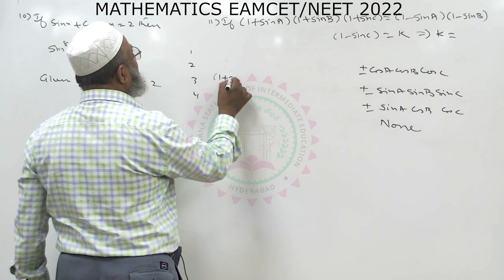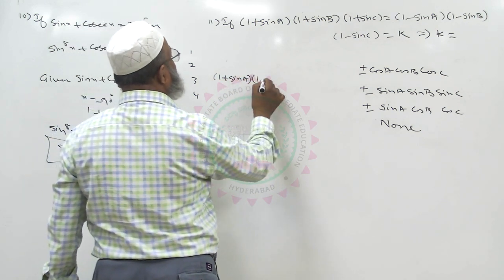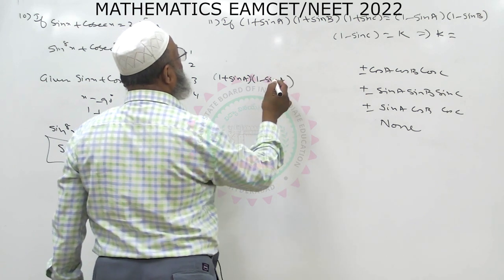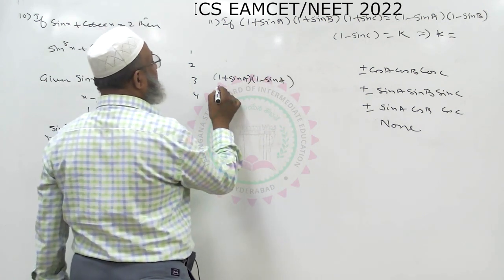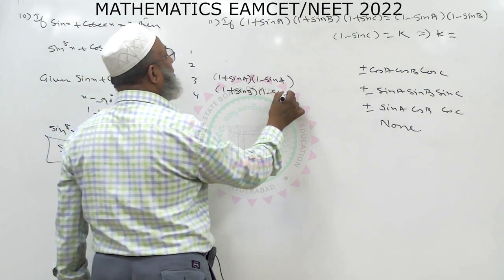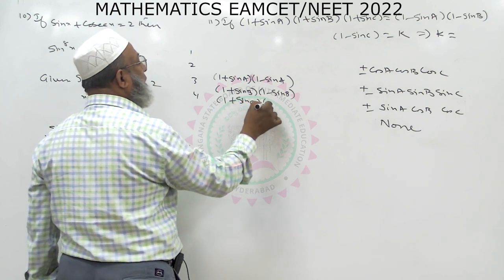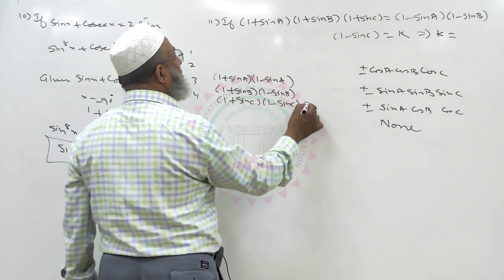That is 1 plus sin A into 1 minus sin A, into 1 plus sin B into 1 minus sin B, into 1 plus sin C into 1 minus sin C, which is equal to K.